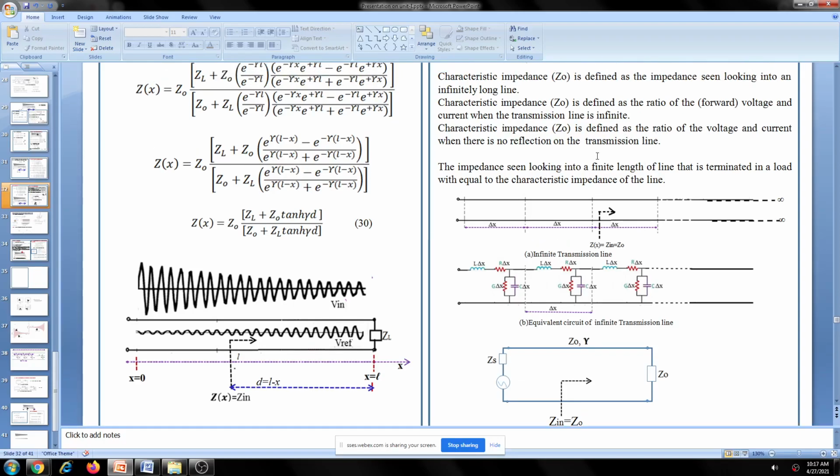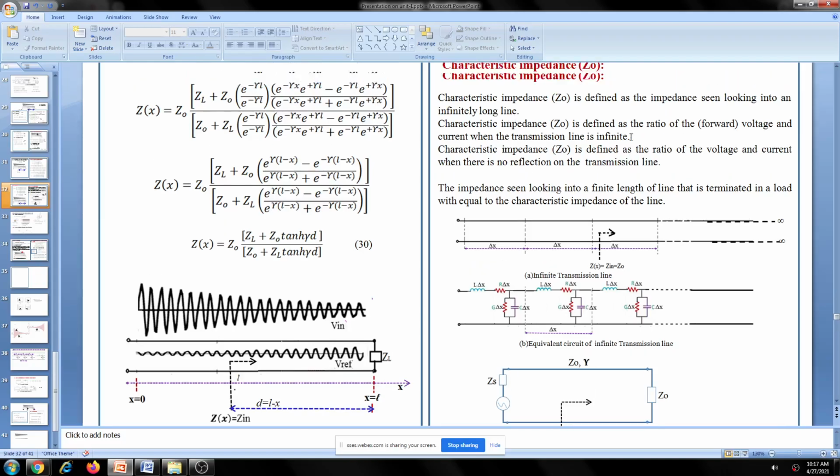One definition is that characteristic impedance is defined as the ratio of voltage and current when the transmission line is infinite. It is represented like this, L tends to infinity. The ratio of voltage to current looking like this gives the characteristic impedance.